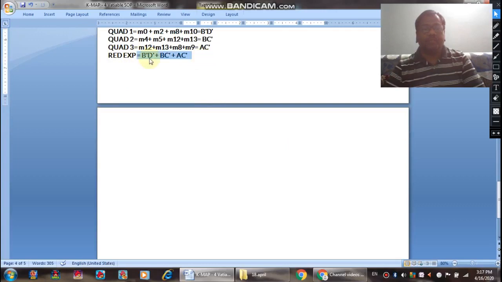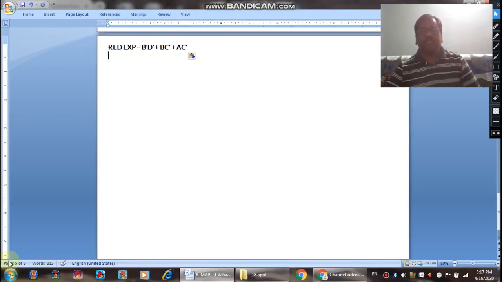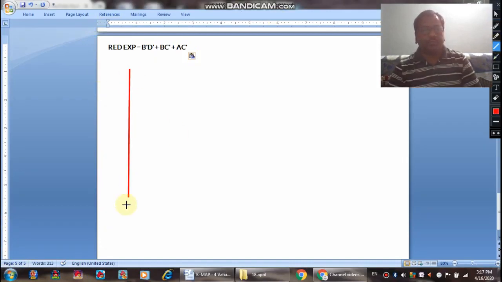This is our reduced expression, and we have to create a logic circuit diagram for this. Now, to create a logic circuit diagram, what are we supposed to do? We are supposed to create straight lines.